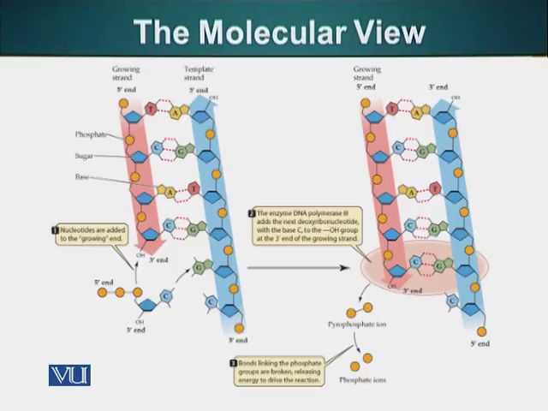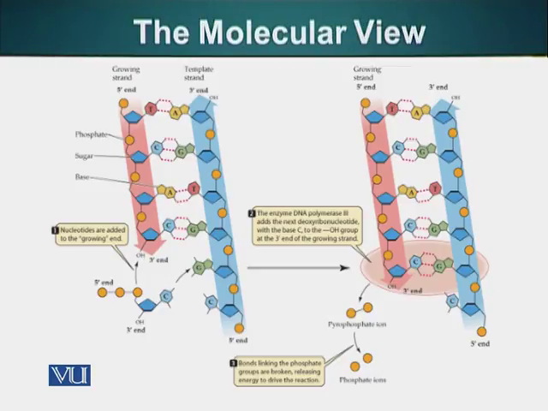The potential energy is in the compression of the spring. The two negatively charged entities are very close together. So when this bond breaks, it releases a huge amount of energy, which is used to make the phosphodiester bond of the growing DNA chain. So this is basically the molecular mechanism of DNA replication.